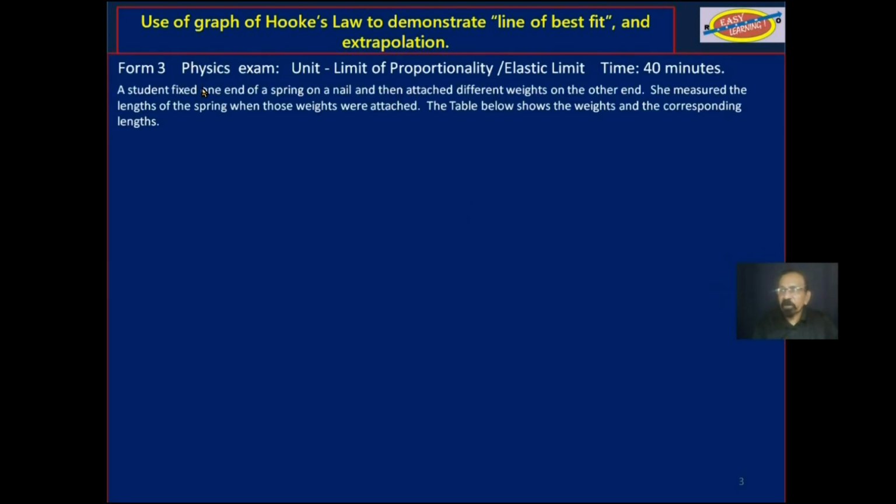So let's read the question again. A student fixed one end of a spring on a nail and then attached different weights on the other end. She measured the lengths, not extension, the lengths of the spring when those weights were attached. The table below shows the weights and the corresponding lengths.